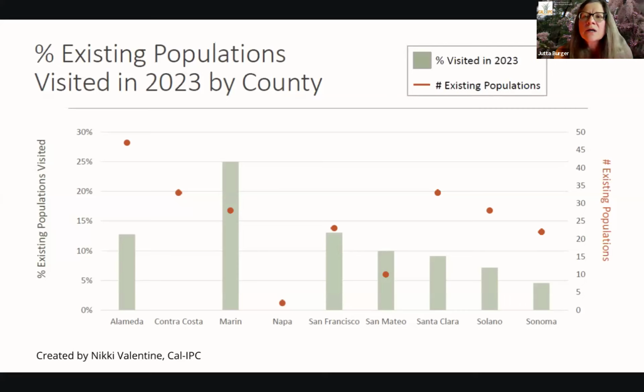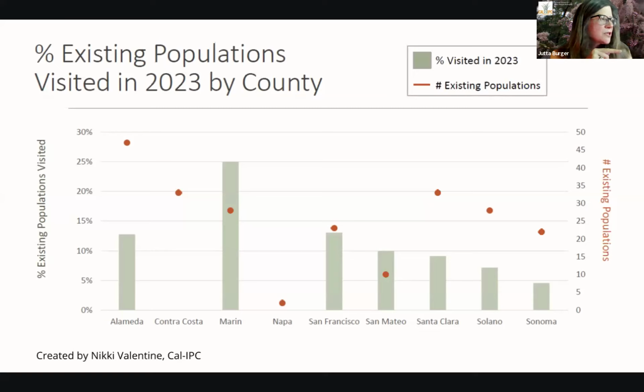So this graph here is a little complicated to look at, but most importantly, you want to just look at the bars with the axis on the left side of the graph, by county. What is the percentage of those high priority species that was visited in 2023?